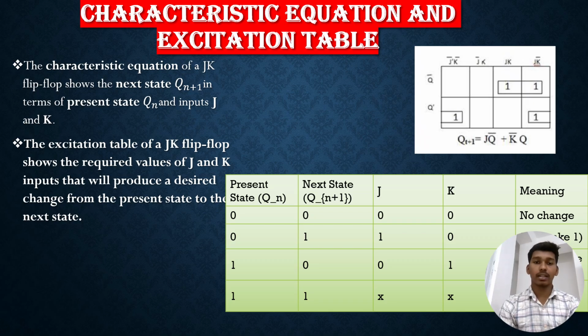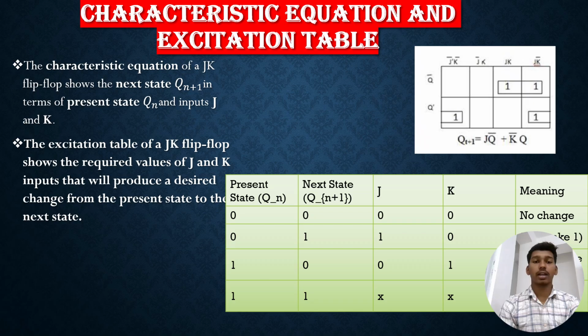In the next state, we take the 1 states for the present and next state, fill the four variable K map, and group the values.